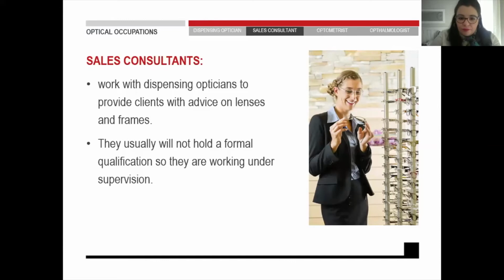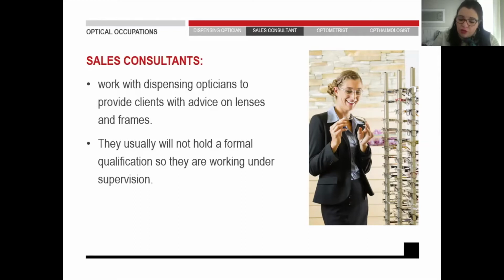This is actually a very difficult job to have because there's no formal education required for it, but you need to know a little bit about everything in the optometry industry to be good in your job. That is why courses like this are very important for you, to build your knowledge so that you can make a very good impact on the patient.